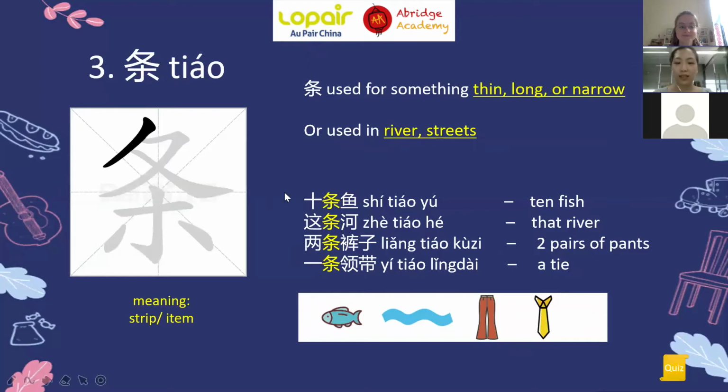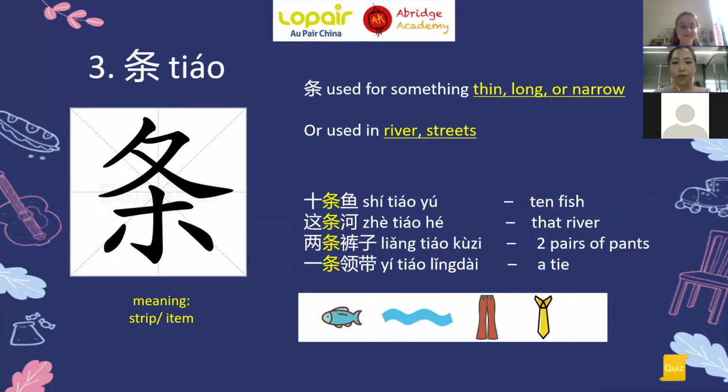So the example here, 十条鱼, 10 fish. Fish are narrow, long, right? And the second one, 这条河, that river. A river is also a long, narrow shape. And then the third one, 两条裤子, 2 pairs of pants or trousers.